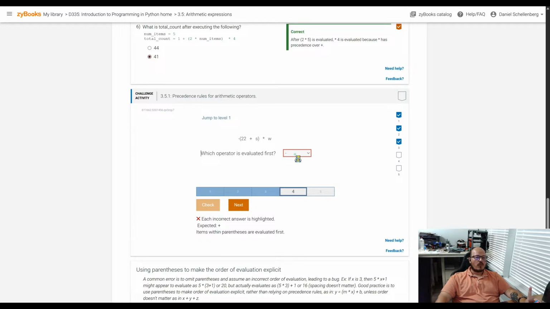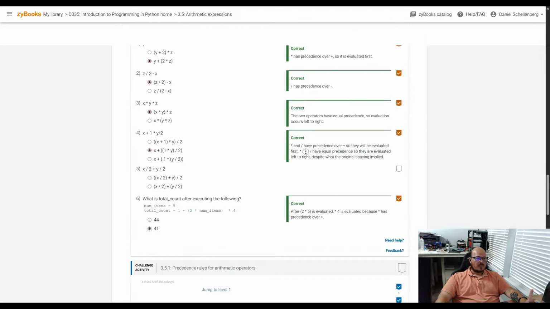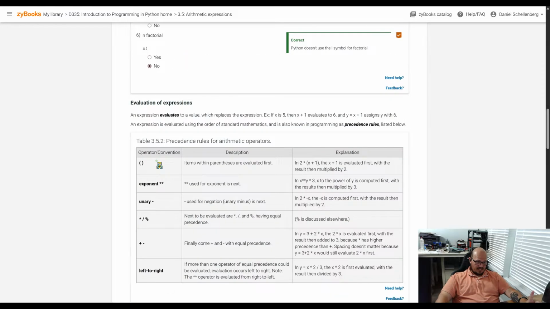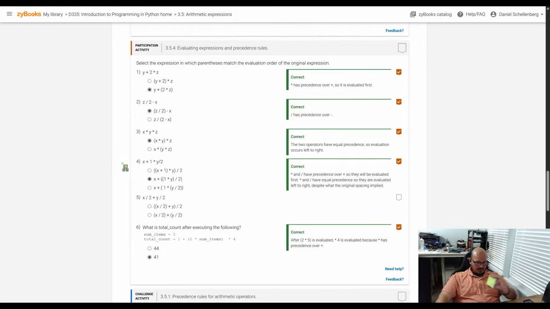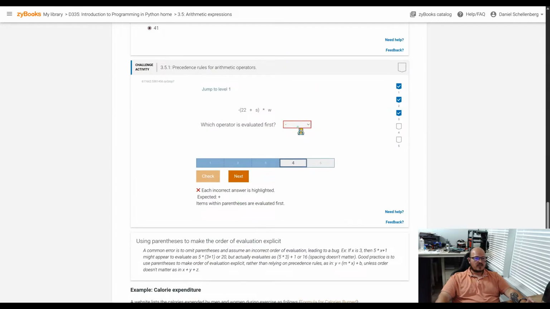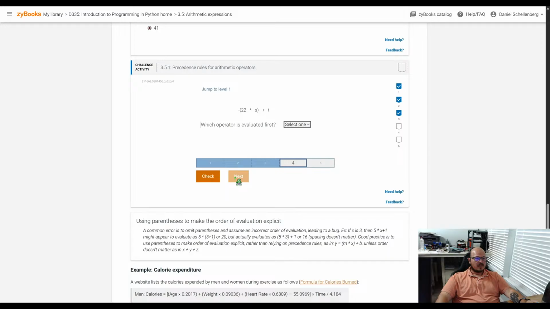Oh, nope, because I should have looked at that. The parentheses is actually the highest. So it's actually very first. So, is it not going to let me do it again to get the correct answer? Oh, okay, it is. Okay, the multiplication.